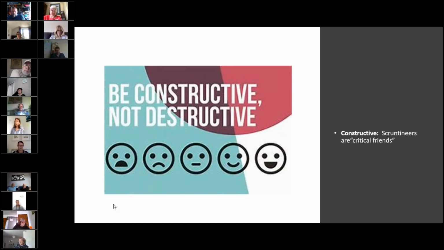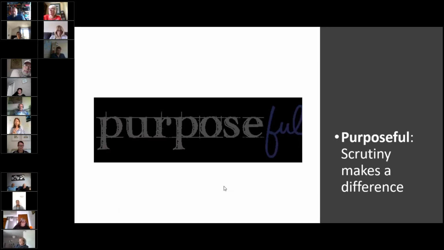Okay, so the last one when it comes to our foundations is around purpose. If you're doing scrutiny at the moment and you don't know if it's making a difference, you're not sure whether your recommendations have been implemented, or you just feel that it's become a little bit tired, then it needs to be revisited, because good scrutiny is built on it making a difference. It has to make a difference, because otherwise, what's the point?